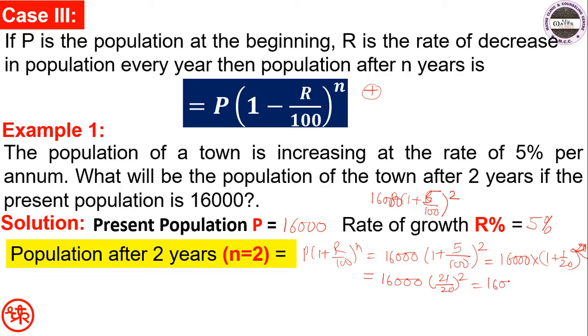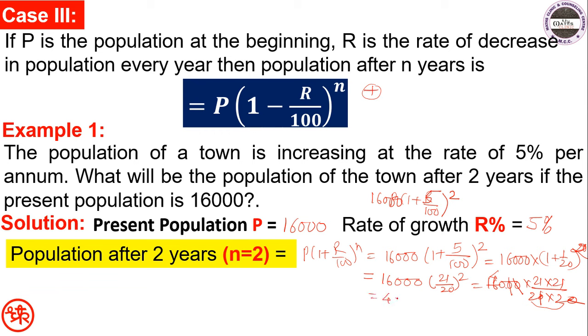That is 16,000 into 21 into 21 upon 20 into 20. Simplifying, 10, 10, 2 times 2 is 4, 4 times 4 is 16, so this becomes 40.